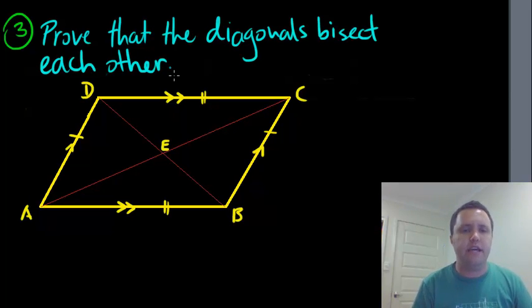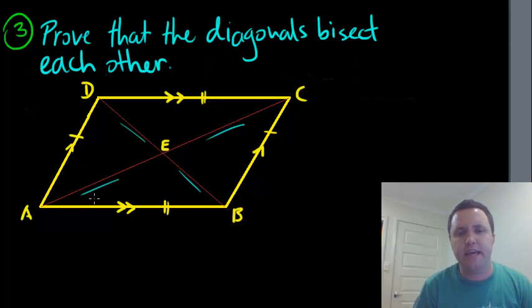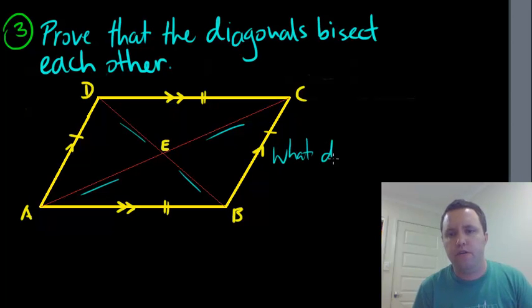How can I tell that this length and this length are the same, and this length here are exactly the same? How can I tell? Well, you need to think about, what do I know? What do I know about angles?